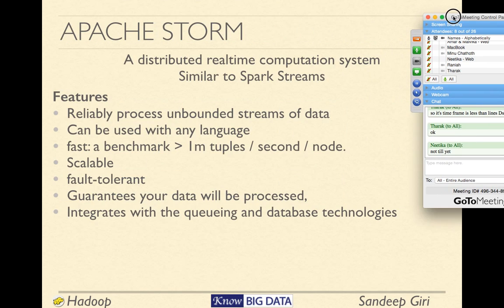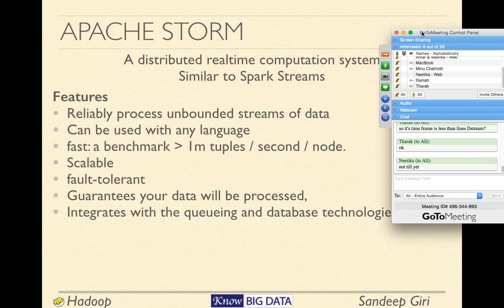Alright. The other solution for streaming is Apache Storm. We'll not go into the detail, we'll just compare the features. Apache Storm is a dedicated solution for stream processing. When you have so much data to be processed by so many nodes in parallel, then you use things like Apache Storm.